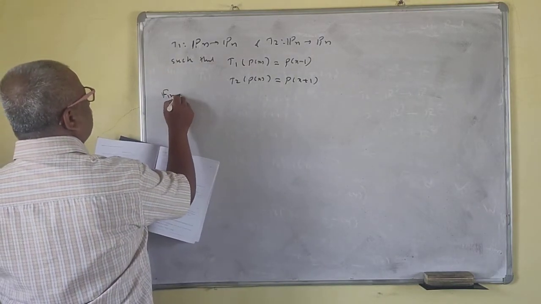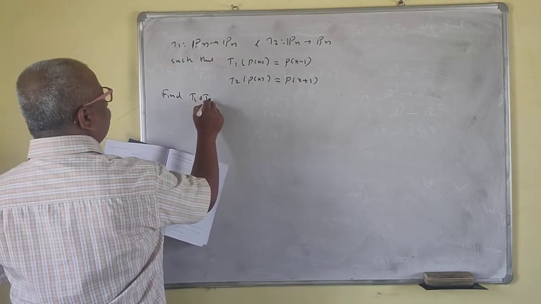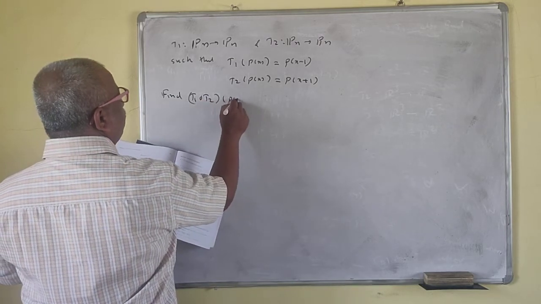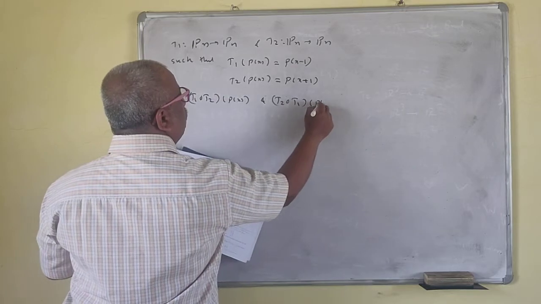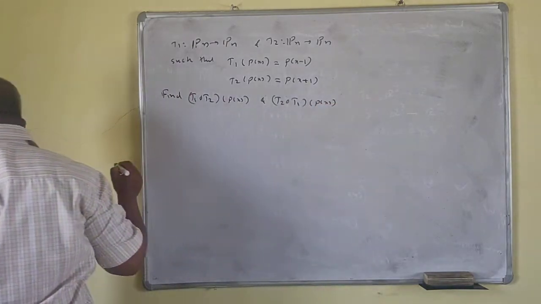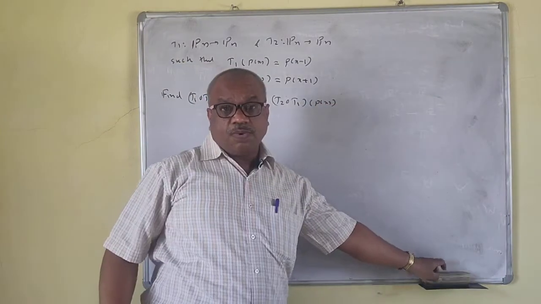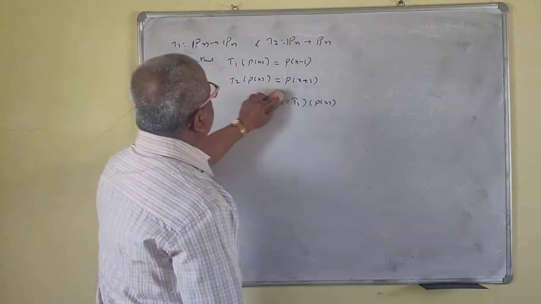Find T1 compose T2 of P(x) and T2 compose T1 of P(x). This is the formula, in terms of polynomials. Okay, so we'll find that.